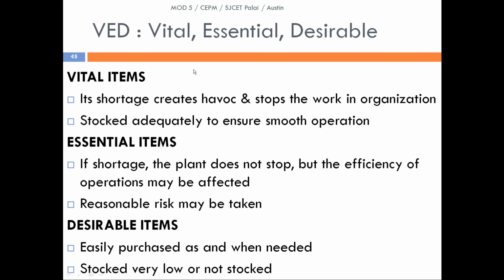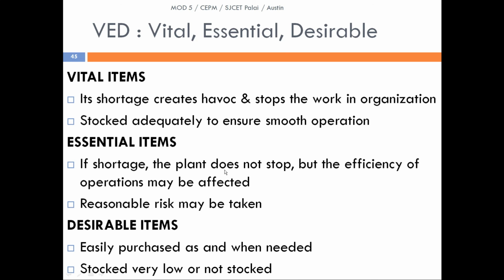Okay. Next, we are going to deal with two more types of inventory control measures which are inferior in nature. First one is VED: vital, essential, and desirable. As the name suggests, vital items are those where shortage creates issues, so they are critical ones which cannot be compromised.